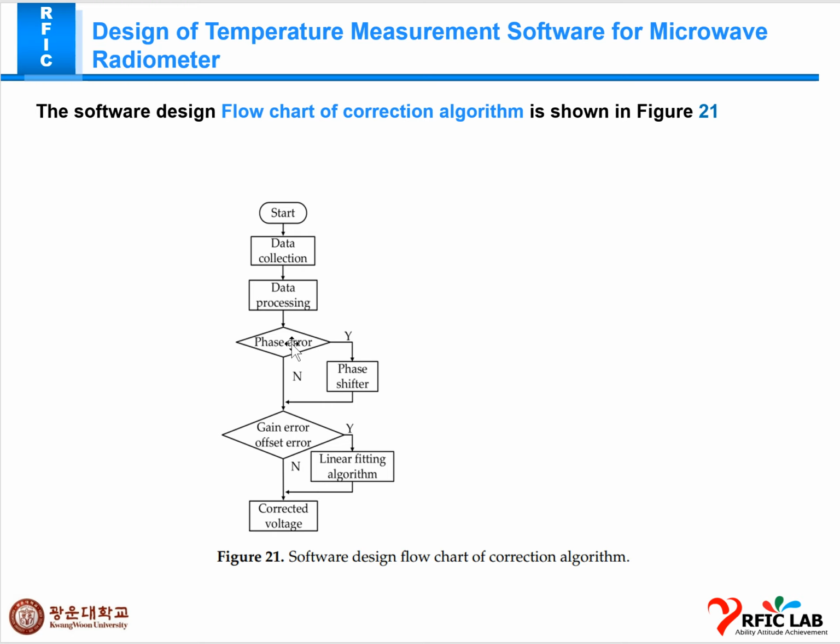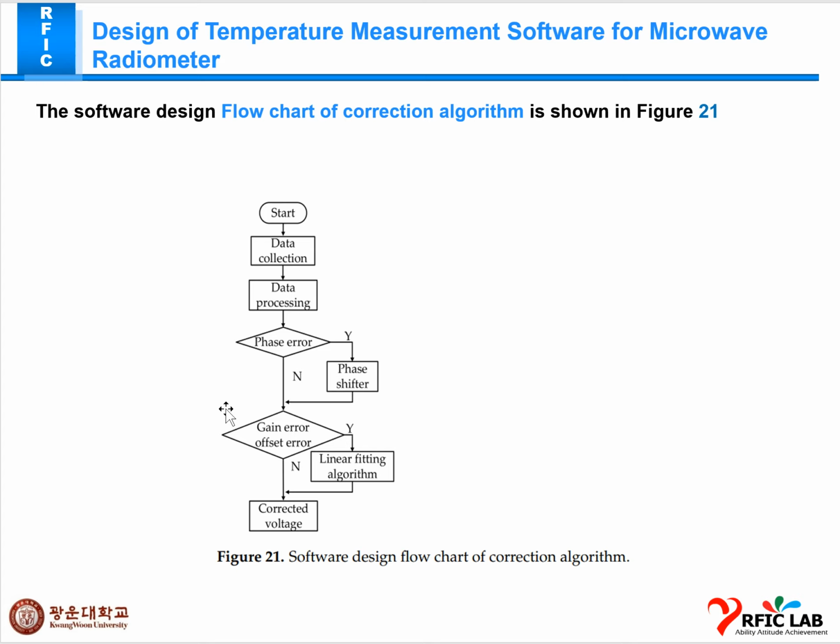gain error offset. This diamond shaped box is for decision making. For every flowchart, we use this diamond shape symbol for decision making. Then when it comes to gain error, offset error, we again check whether it is a linear fitting algorithm or not.